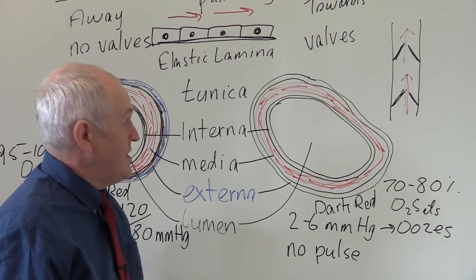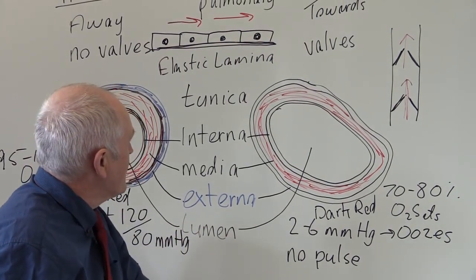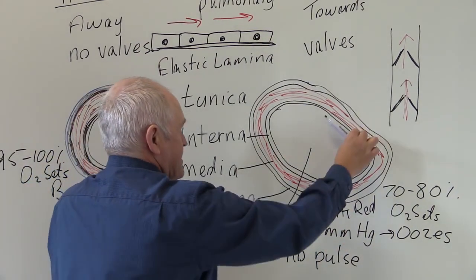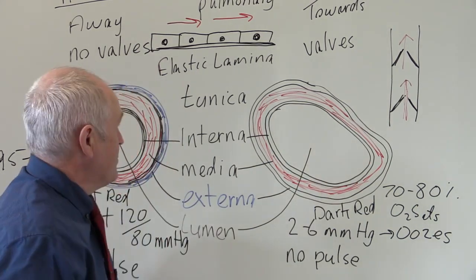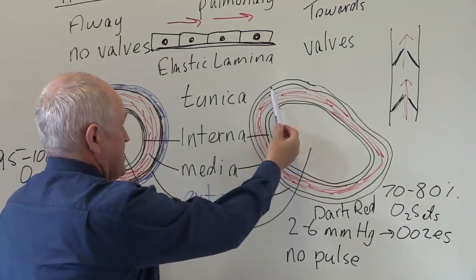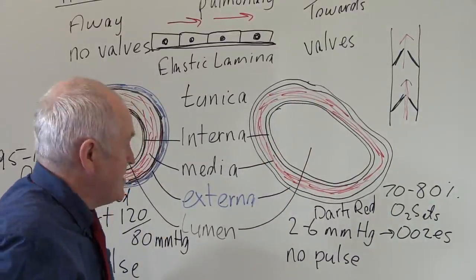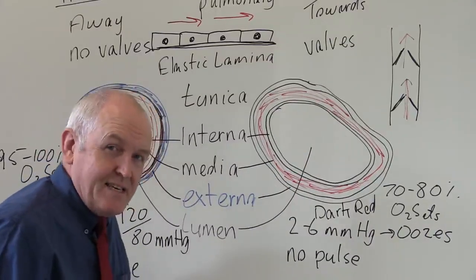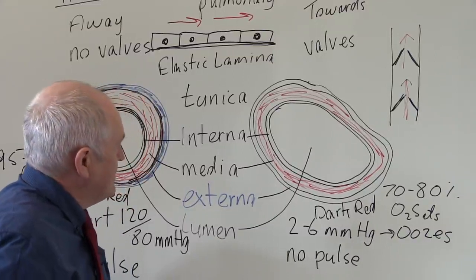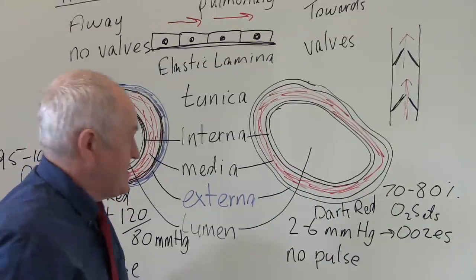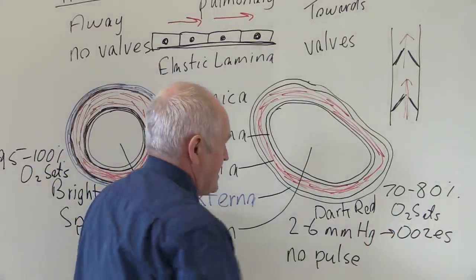Veins carry blood towards the heart. Veins have valves, arteries do not. The walls of the veins are relatively thinner, although they still have the tunica externa, media and intima. The veins do not have the well differentiated elastic lamina as arteries do. The saturations in veins are 70 to 80%.